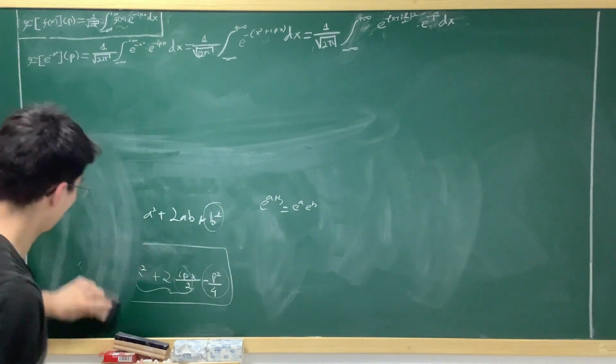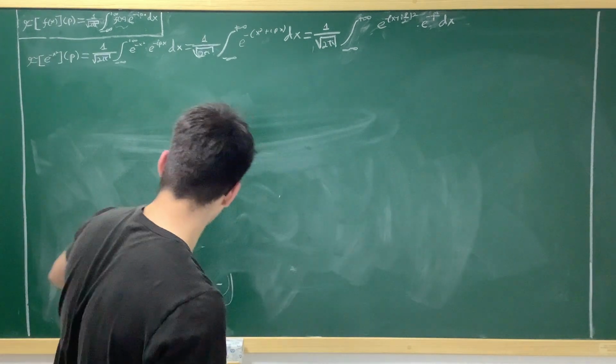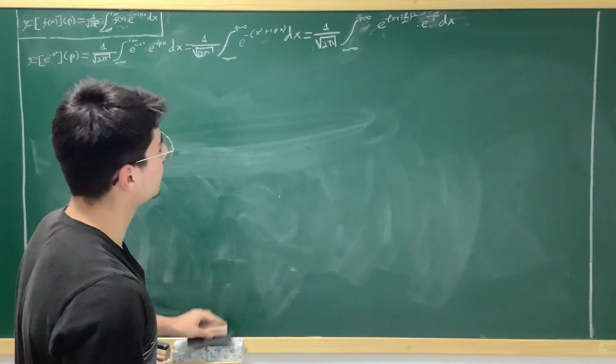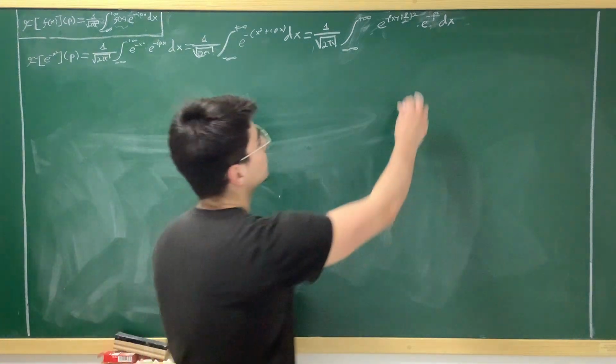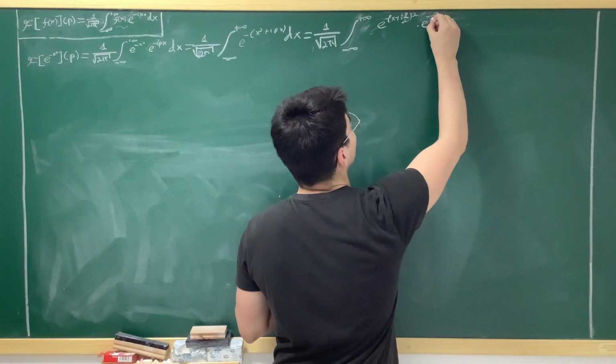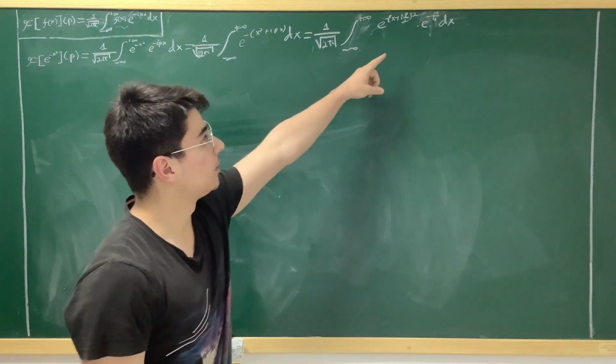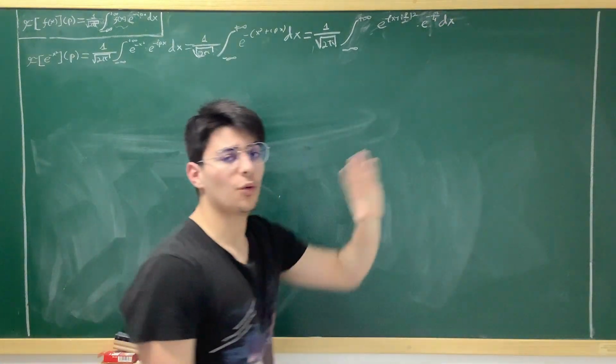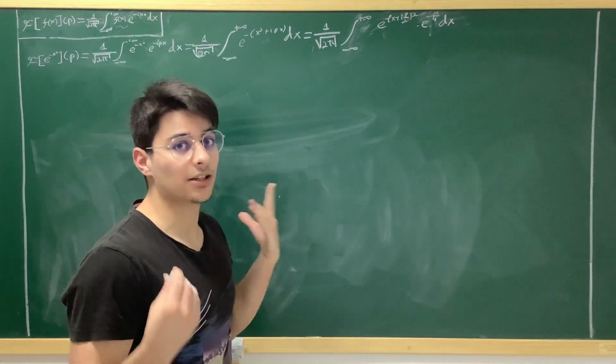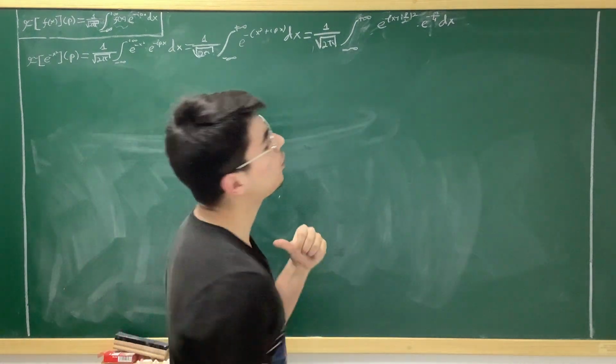So notice, we are integrating with respect to x. This term right here has no x's, so it can be treated as a constant, and it can go out of the integral.